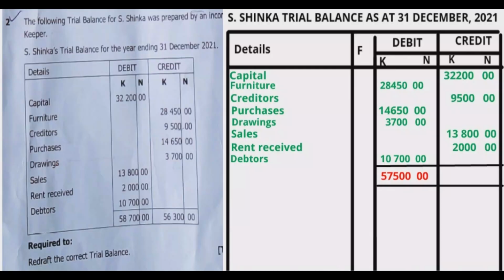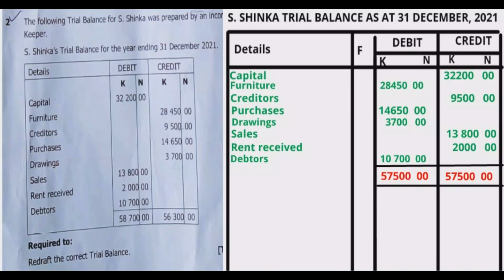So when we add 32,200 plus 9,500 plus 13,800 plus 2,000 will also give us 57,500. So 57,500, this is the total. So that's how the trial balance for Shinka should look like, the one we have prepared now.